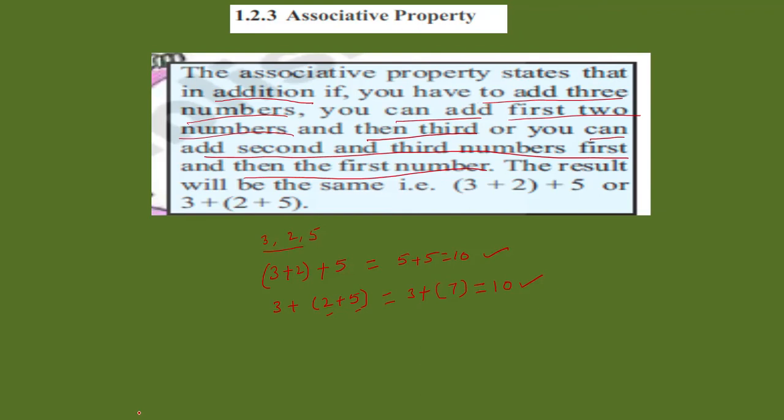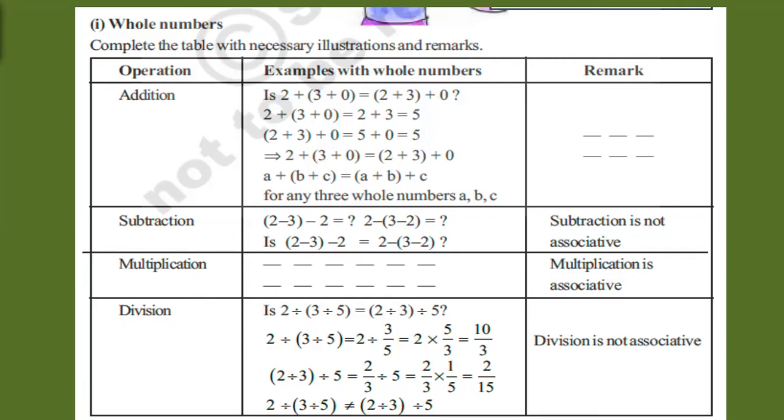Now we recall the associative property in whole numbers and integers, which we have learned in the previous classes. Look there on the screen. What are the whole numbers?